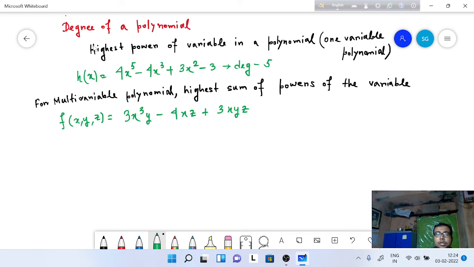Now let's sum the powers. 3 plus 1, 4. It is 1 plus 1, 2. It is 1 plus 1 plus 1, 3. So the highest sum is 4. So the degree is 4. Understood? Okay. So next, move to the next topic.